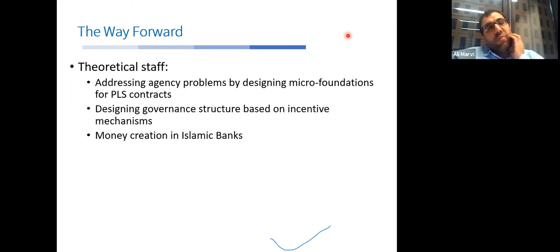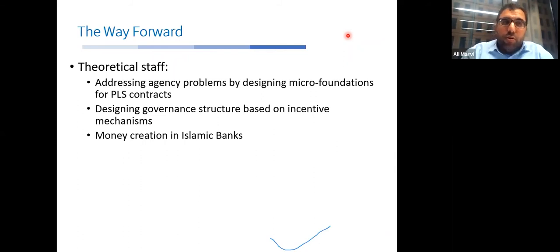Because the relationship between the Islamic central bank and Islamic banks is really similar, even in theory, to conventional banking, the similar type of money creation also happens in Islamic banks.